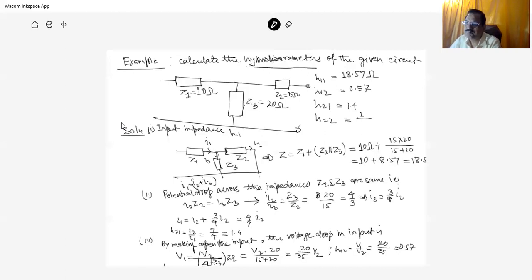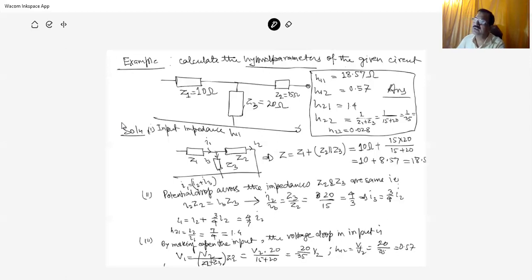So this is nothing but Z2 plus Z3, that is 1 upon 15 plus 20, that is 1 upon 35, and this is nothing but 0.028. So H22 is this way. So in this way we can have the various hybrid parameters, and this is the answer.